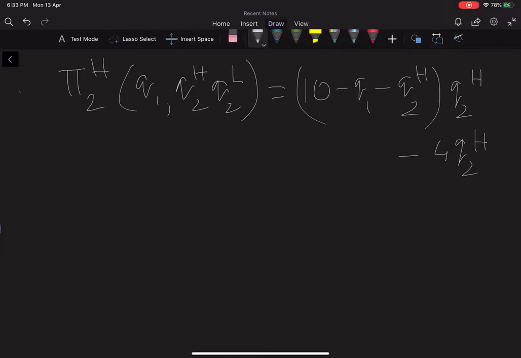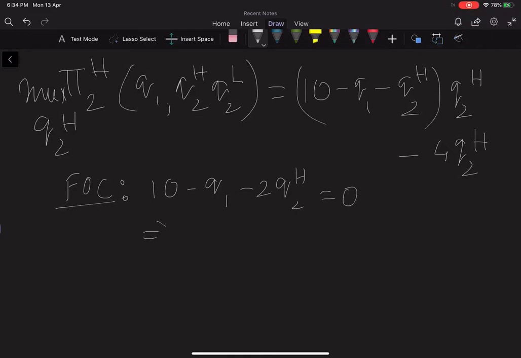It will maximize this with respect to Q2H, and this gives you the first order condition 10 minus Q1 minus 2 Q2H equals 0, which gives you Q2H equals 5 minus Q1 by 2.